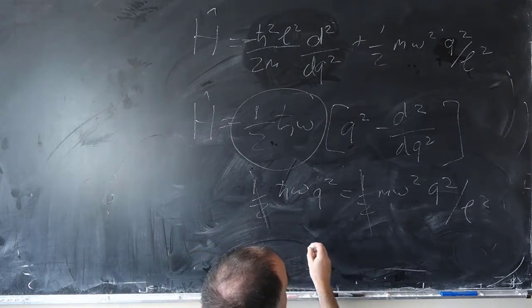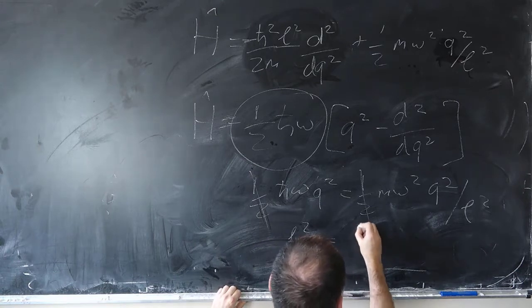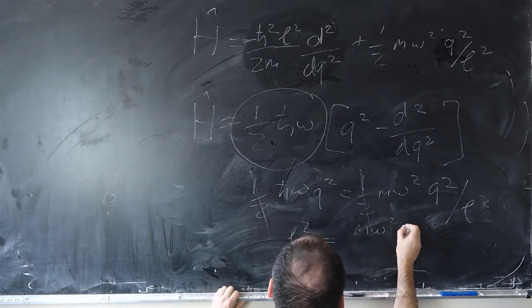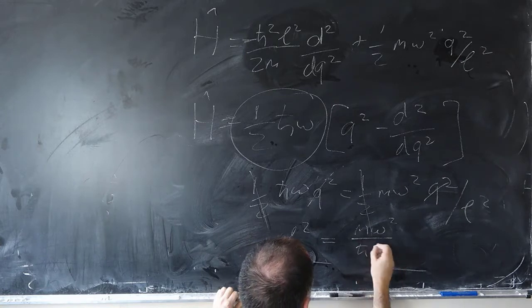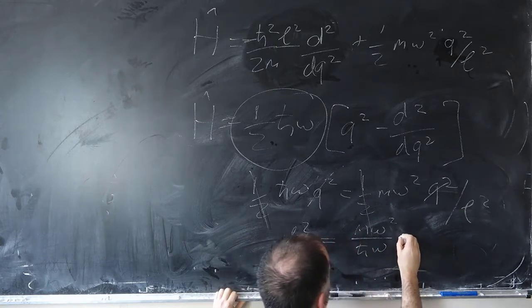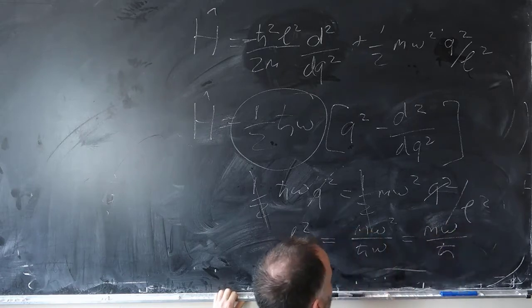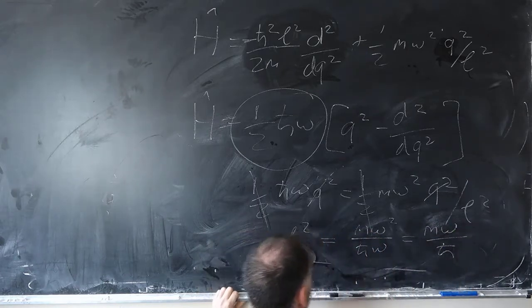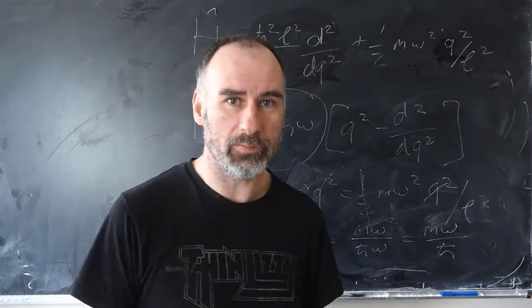So that means L squared is equal to m omega squared, getting rid of q squared obviously as well, over h bar omega, which is m omega over h bar. So L is going to be the square root of m omega over h bar.